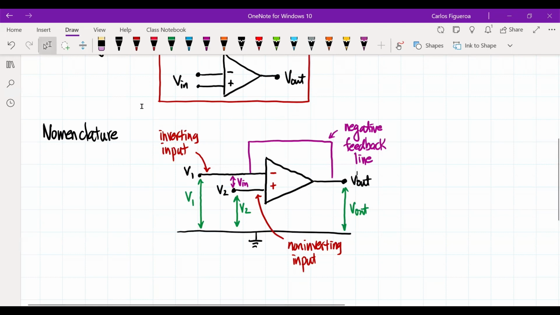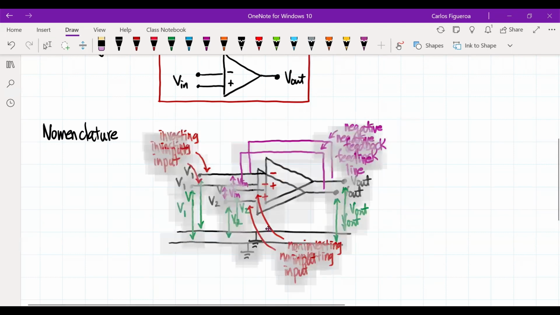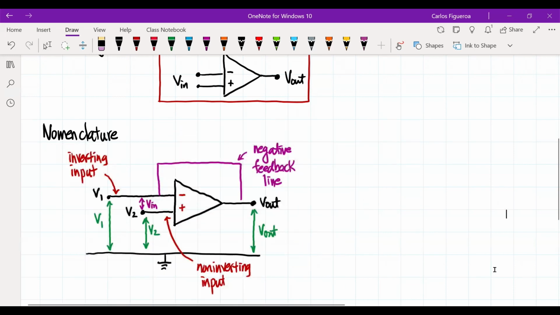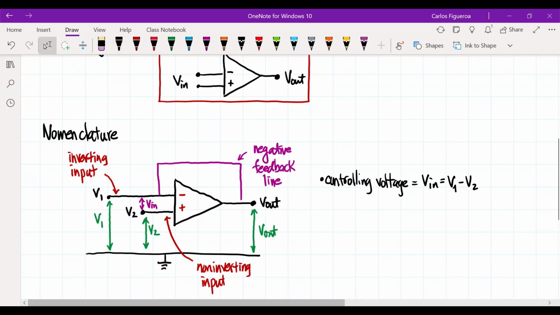Now, I want to make some remarks. So again, I'm going to move this over here, and let's add some of the things that we need to add. One, we have the controlling voltage. We've already written this. This is called Vn, and this is the difference between V1 minus V2, or V2 minus V1.